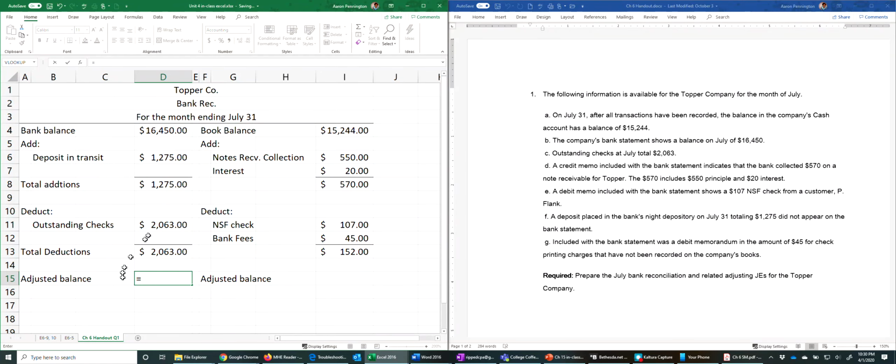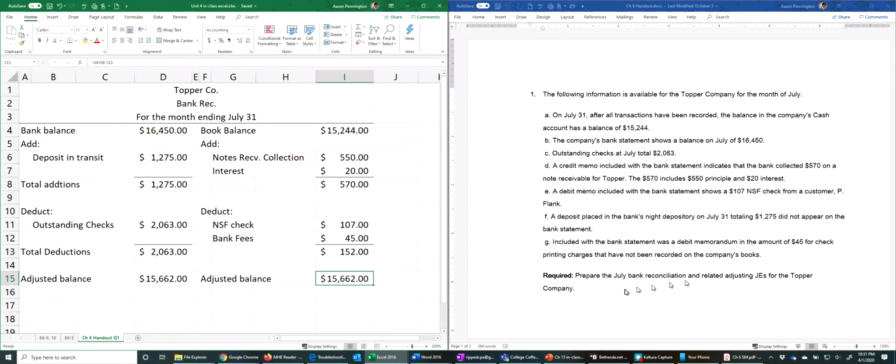Your adjusted balance is the bank balance plus the additions less the deductions. We'll do the same on the other side: the formula is book balance plus the additions less the deductions. And if we're living right, the adjusted balances are equal, which is some indication that we've done this problem correctly. If they don't agree, then you've missed something. This is the first thing the problem asked us to do.